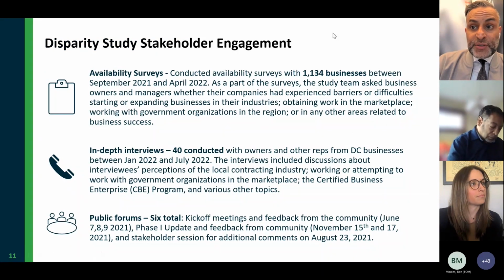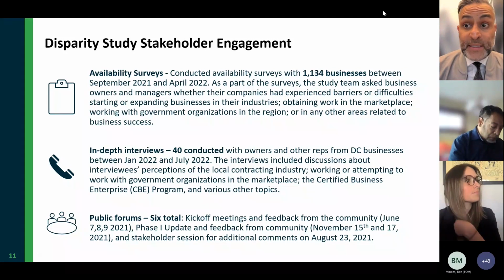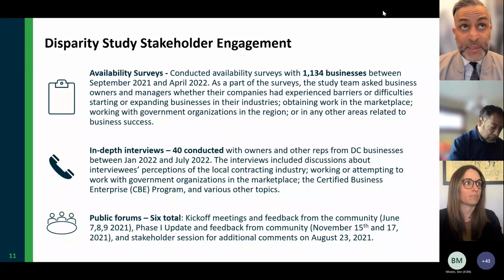So in addition to the data we collected directly from each participating organization, there was also a great deal of information that we collected directly from businesses that exist in the marketplace, both those businesses that have done work for DC government and those businesses that might be potentially available for that work that haven't been successful in winning it.